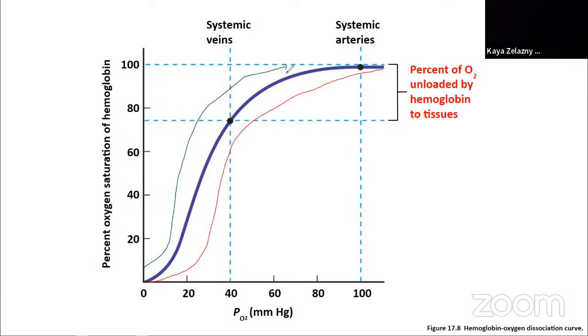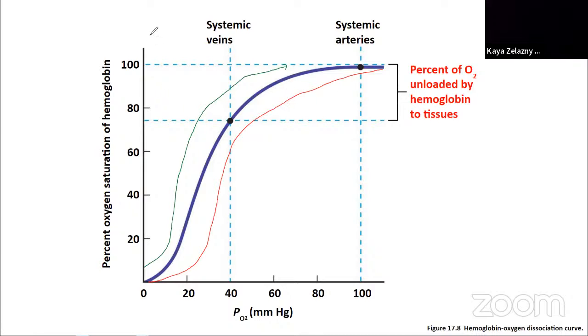When we talk about these right and left shifts, we're going to be thinking about them as changes to the affinity of hemoglobin for oxygen. When we shift this curve, the reason it's shifting basically is because hemoglobin finds it easier, more affinity, or harder, less affinity, to bind that oxygen.